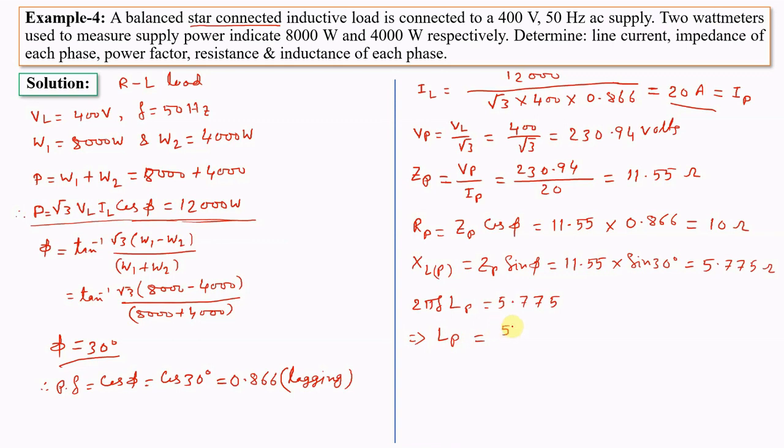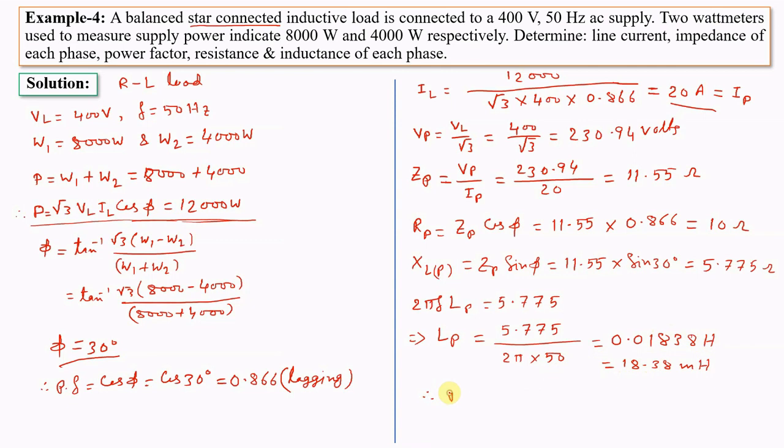It is 5.775 upon 2 pi into F, where the frequency is 50 Hz given, and the value of inductance per phase will be 0.01838 Henry, or it can be written as 18.38 millihenry.